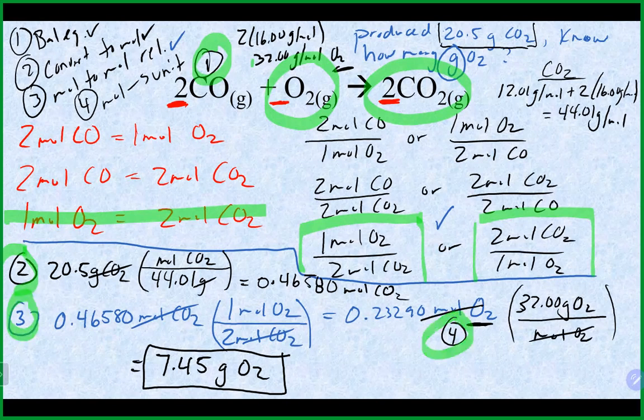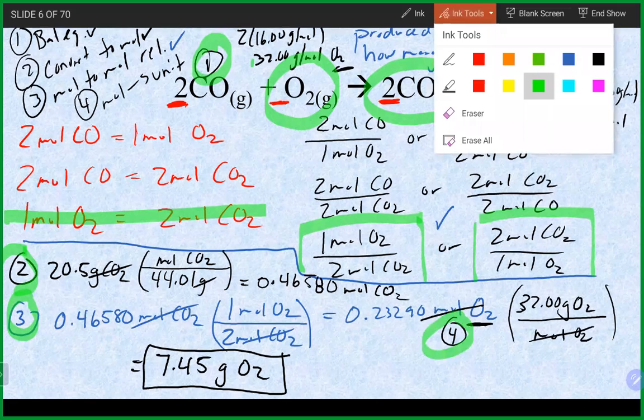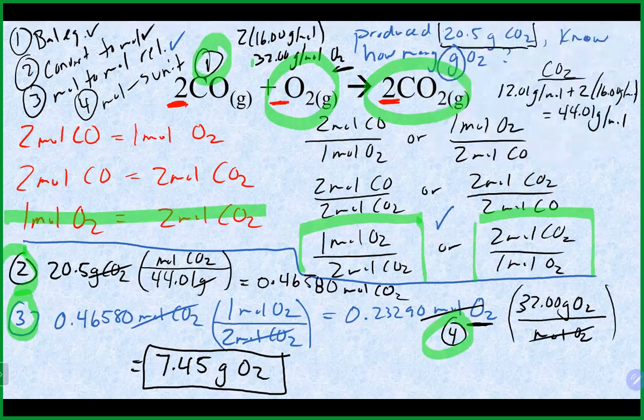A couple of other things here just to talk about. In terms of sig figs, this is really the only number we had in the problem, which had 3 sig figs. That is why I rounded to 3 sig figs at the end of the calculation. The other thing is, if you want to, you can do it all in one calculation. You could do this guy to this guy to this guy without getting an answer in between, and it's perfectly fine to do.